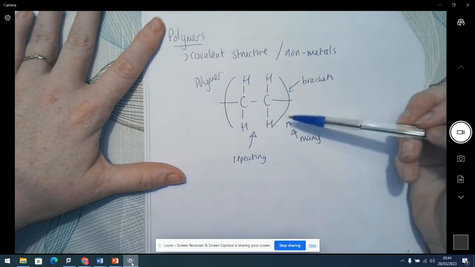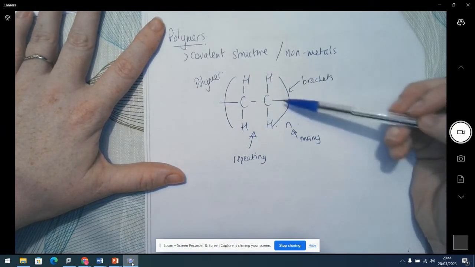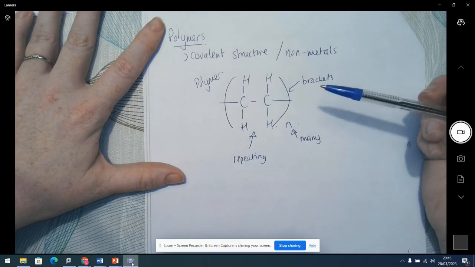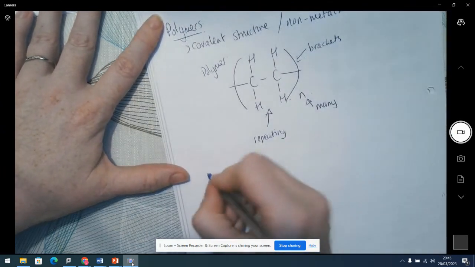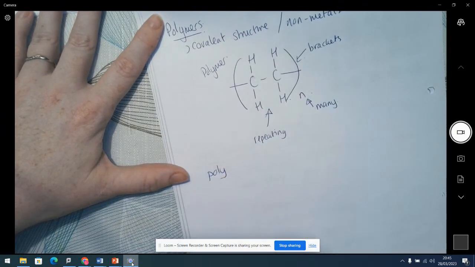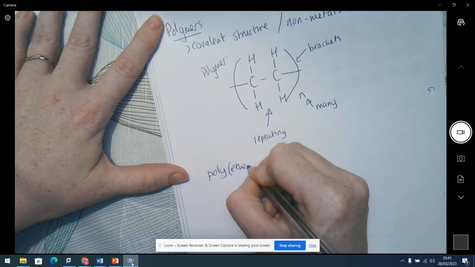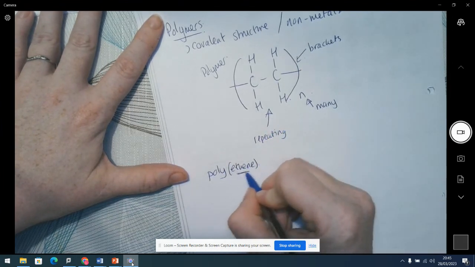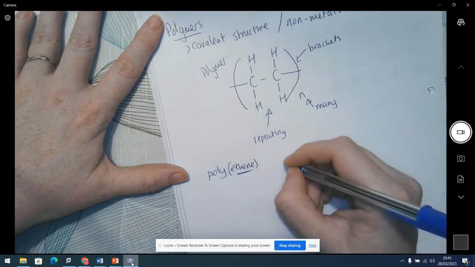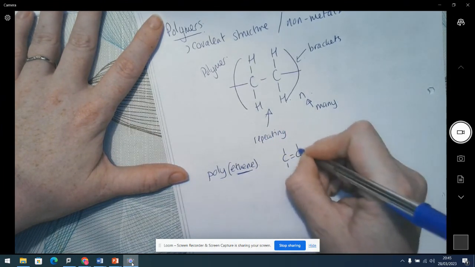But you might be asked to identify a polymer. You're looking for the brackets, you're looking for this little n, and that will tell you that it is indeed a polymer. So polymers have usually got the word poly at the start of their name. So polythene, which is what makes your plastic bags. It's made of ethene, which you'll know in paper 2 looks like that.